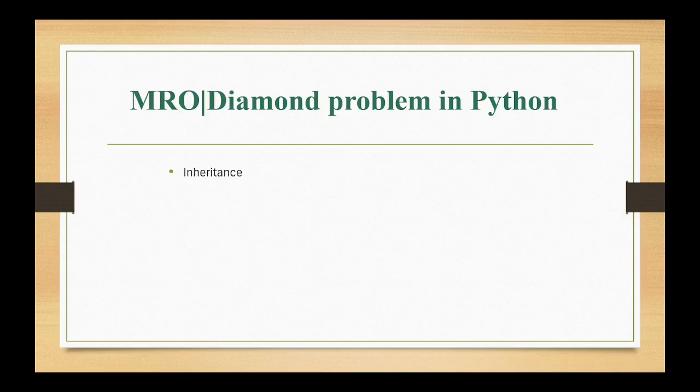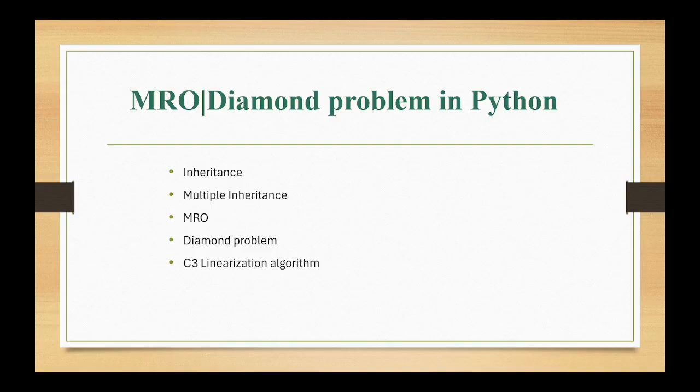First, we will look at what inheritance is, then multiple inheritance, then the diamond problem. For that, Python provides the MRO solution for the diamond problem. Then we will look into the C3 linearization algorithm.